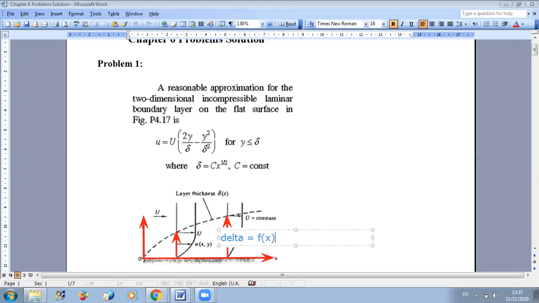And for each x location, I have the velocity profile varying as a function of y. Because you know that due to the no-slip condition, when you have a flow over a fixed plate, at the plate level the velocity will be 0. Then the velocity will increase smoothly due to viscous effect until reaching the uniform velocity at the end.